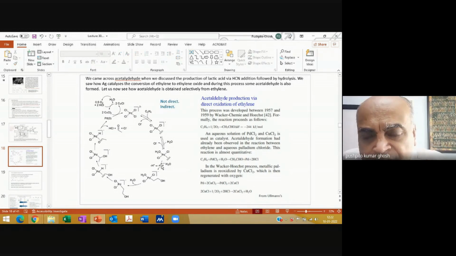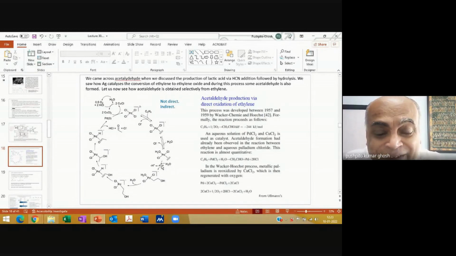As we discussed, ethylene oxide and acetaldehyde are isomers. During the formation of ethylene oxide, small amounts of acetaldehyde are also produced. But people wanted to make acetaldehyde selectively. There's this company, Wacker, and Wacker initially were trying to find an alternative catalyst to the silver catalyst.